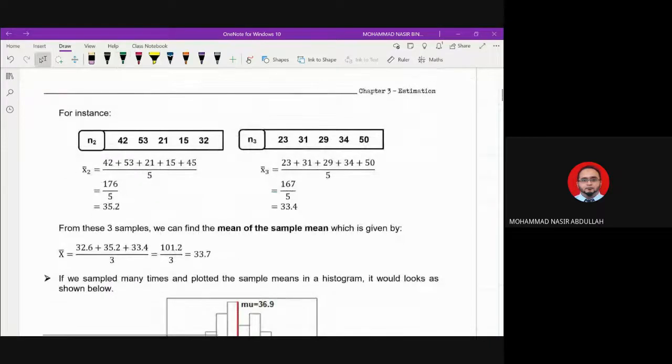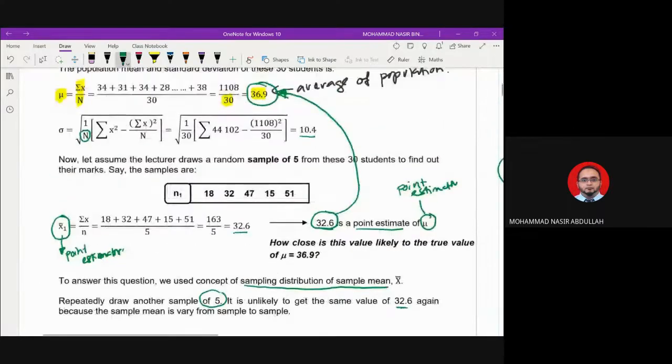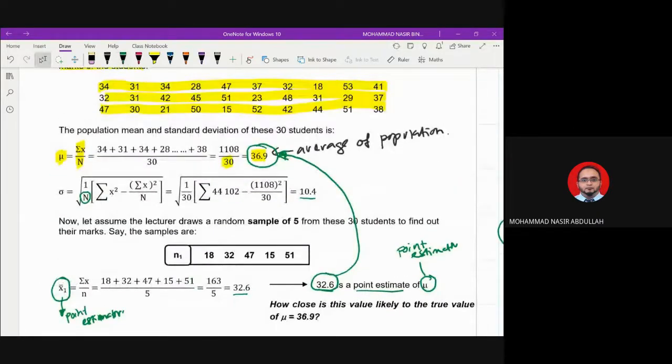So let's look here: for sample number 2, x bar 2 is 35.2, and x bar 3 is 33.4. From these 3 samples, we can find the mean of the sample means. We will get 33.7, which still diverts a little from the whole population mean.